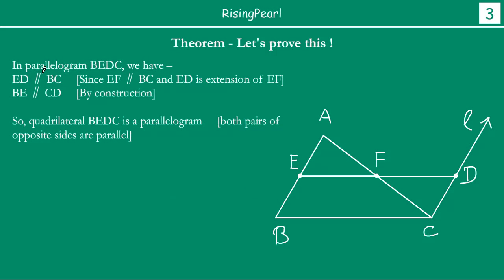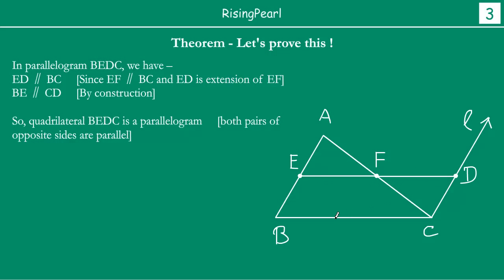Now friends, you will see in parallelogram BEDC, or actually we are calling it a parallelogram, but let us look at this quadrilateral BEDC. So what we have is that DE is parallel to BC. Why? Because EF is parallel to BC as given, and EF and ED are basically the same line, right? So D is an extension of EF.